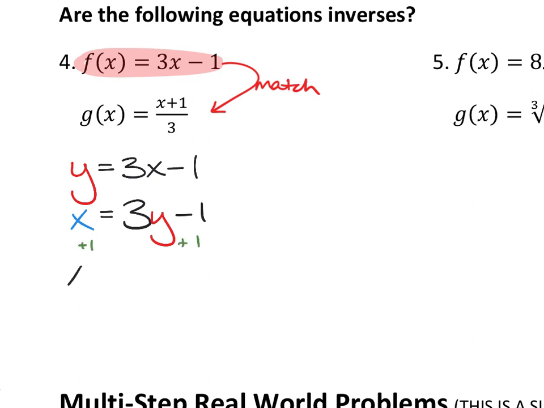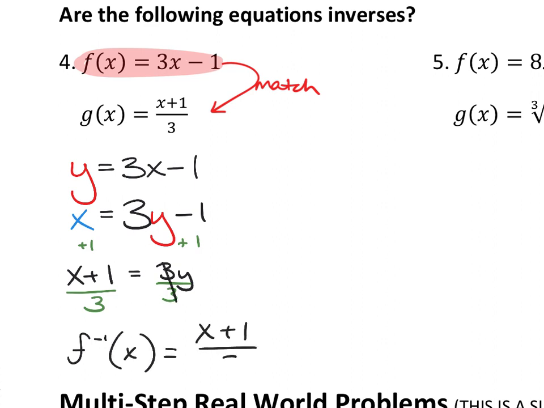X and 1 cannot be combined together, so I just write it as x plus 1. What's the last step to get y by itself? Divide by 3. And when I do that, I get that the inverse, f inverse, would be equal to x plus 1 divided by 3.